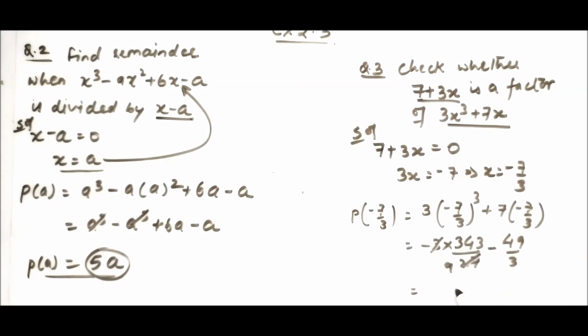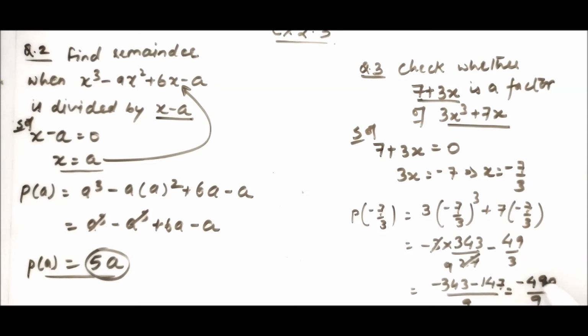If you take the LCM, it will be 9, and here it will be minus 343 minus, we need to multiply this 49 by 3, that will be 147. Now when you solve this, you will get minus 490 divided by 9. This will be the remainder.